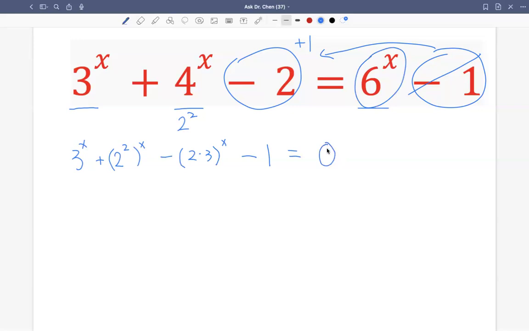When we solve equations, normally we like to use this method, which is we want to put the expression in the factored form. Then we use the zero property. So what is that?